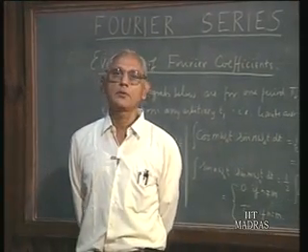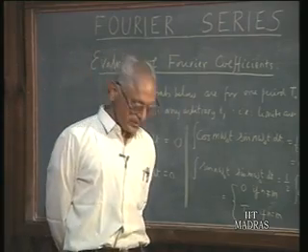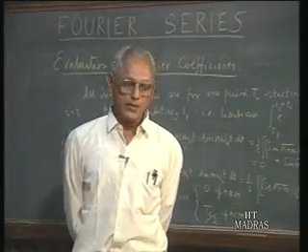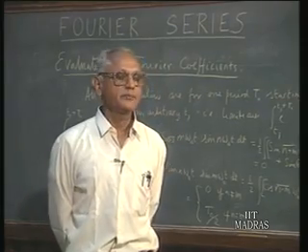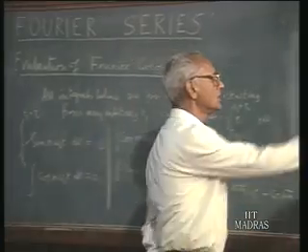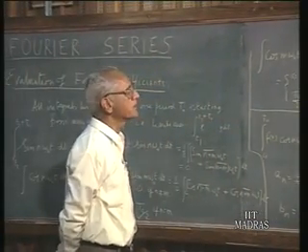And as a first step, we took up how a periodic function can be decomposed into various harmonic components of the basic frequency as well as a DC term, and we started with this expression for a periodic function in terms of a DC plus various harmonic components.